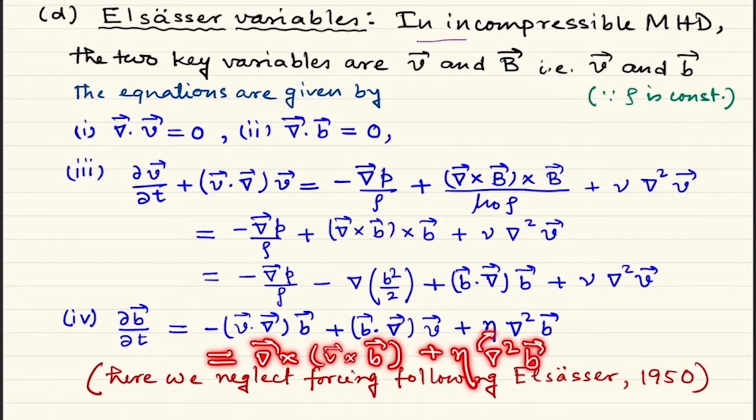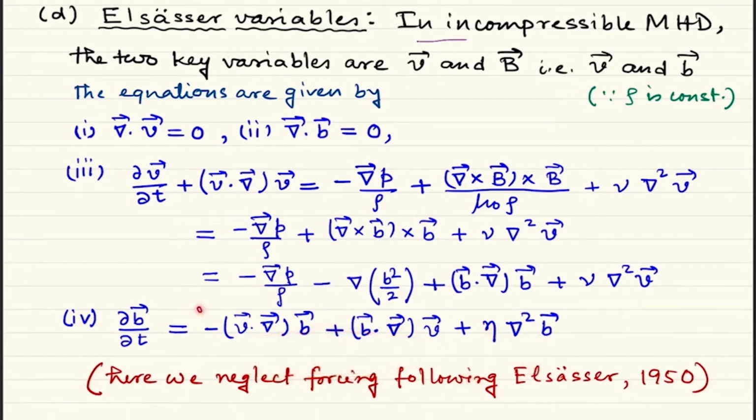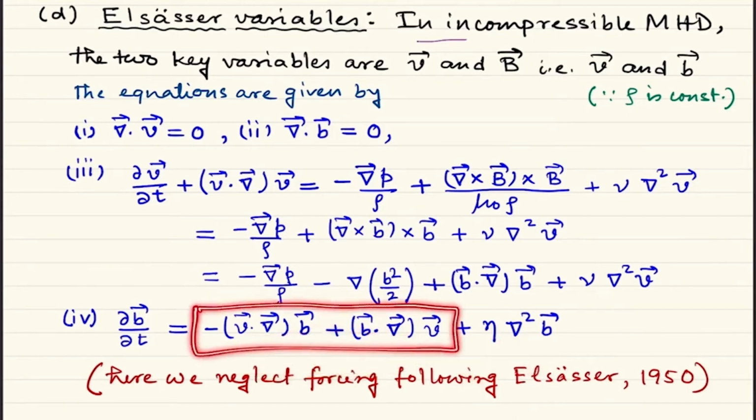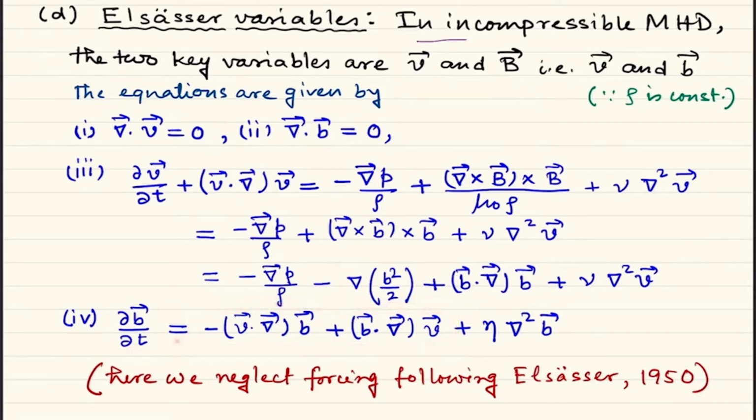So this one is this, and when you expand, you will get two terms like this. So ∂b/∂t is equal to minus V dot nabla b plus b dot nabla V plus eta Laplacian b. So you see, here we have the equation for both V and b.